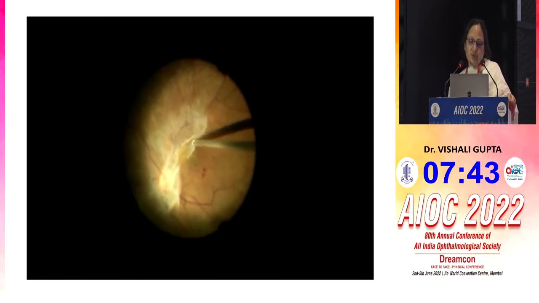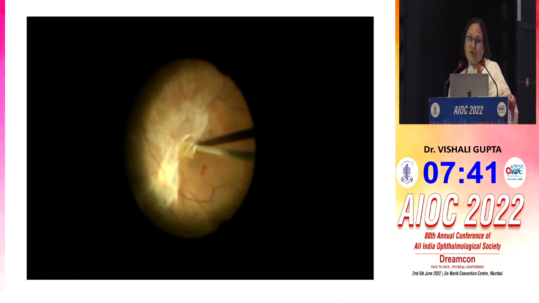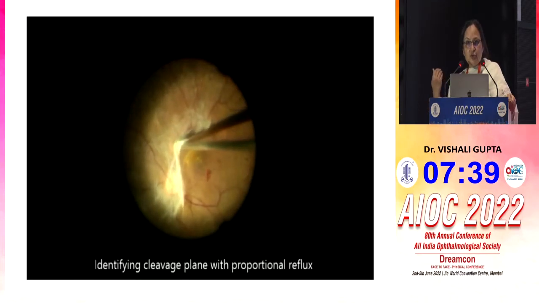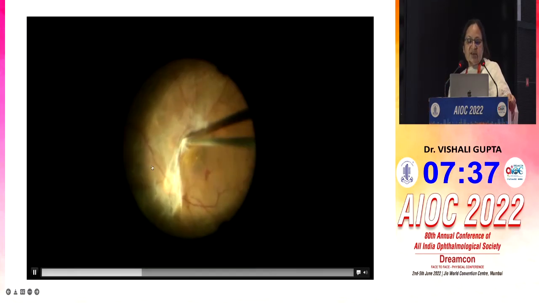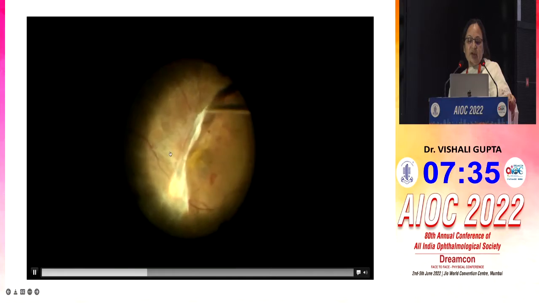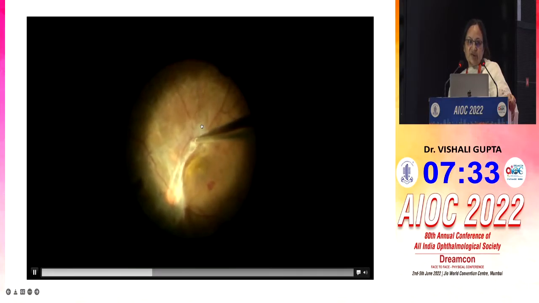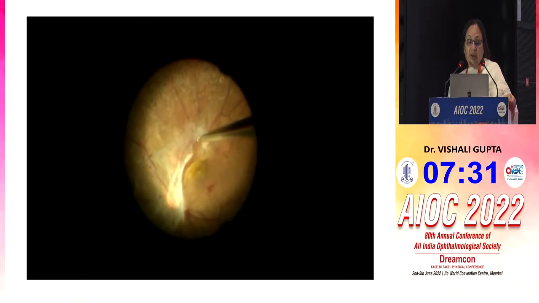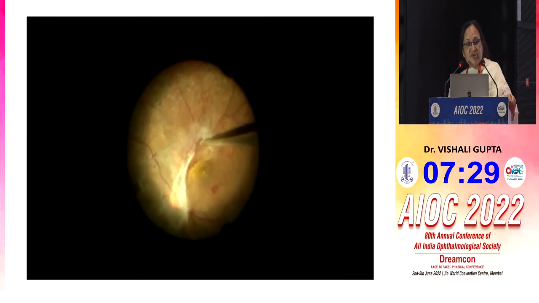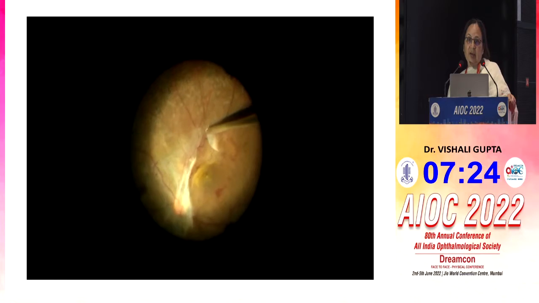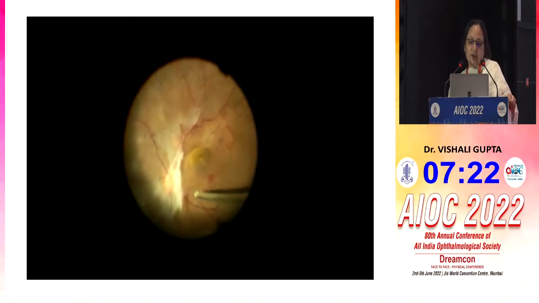Here I'm using proportional reflux because I use that a lot, just to separate these membranes from the underlying vitreous and underlying retina. As you keep on separating, keep on cutting them, and then go to the next segment.